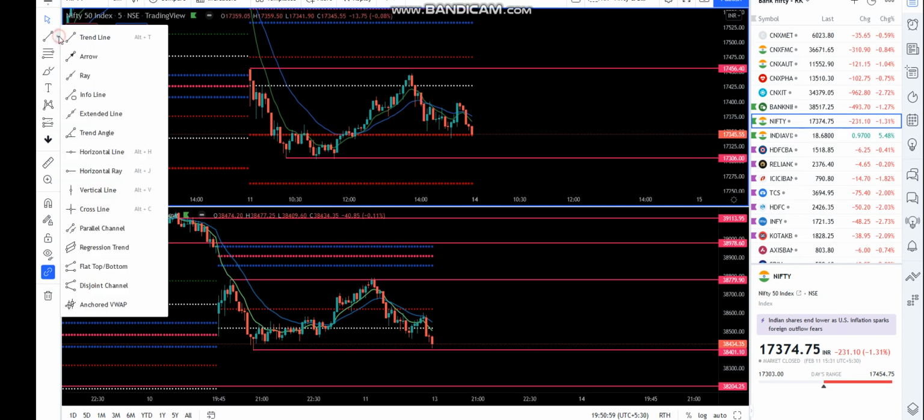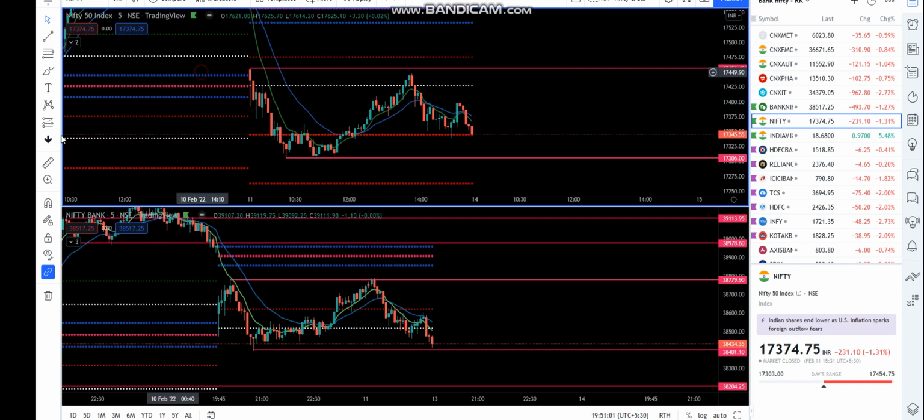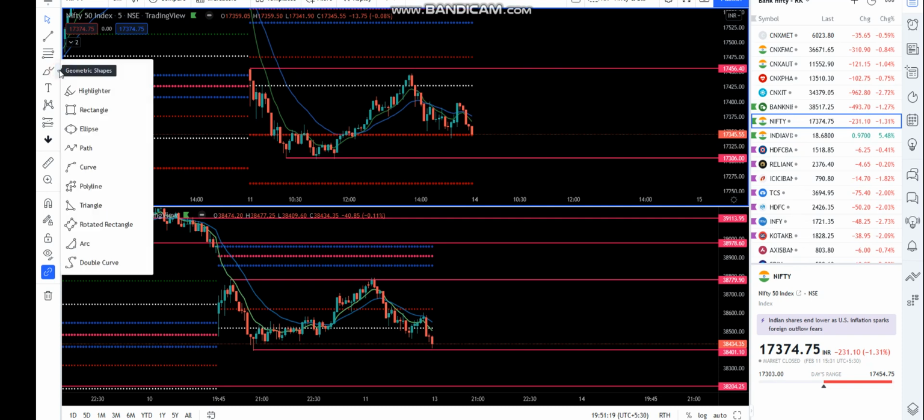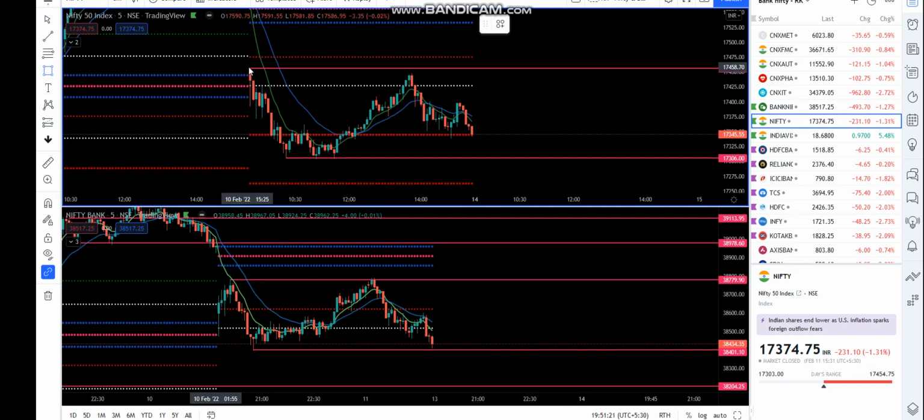You can draw the boundaries of the first 1 hour, and at the same time in the Bank Nifty also, these are the boundaries of the first 1 hour.